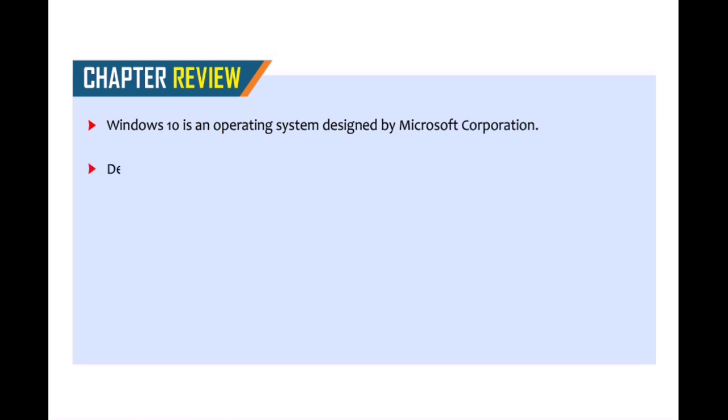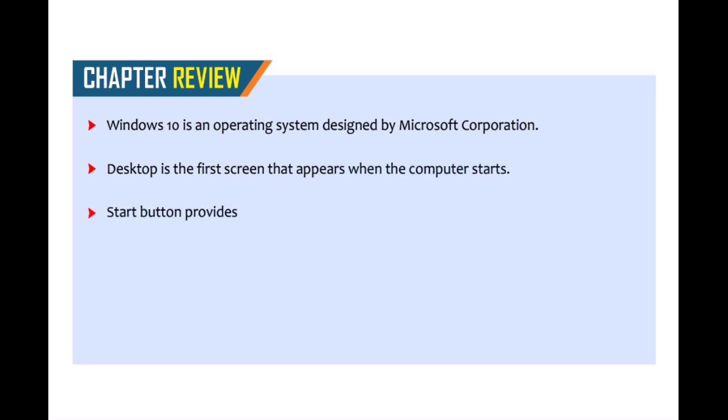Let us quickly have a look at the chapter review. Windows 10 is an operating system designed by Microsoft Corporation. Desktop is the first screen that appears when the computer starts. Start button provides quick access to the Windows applications.